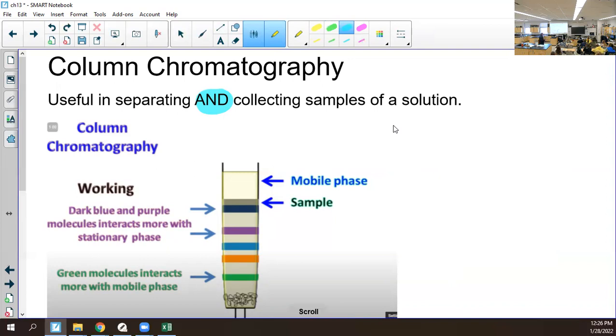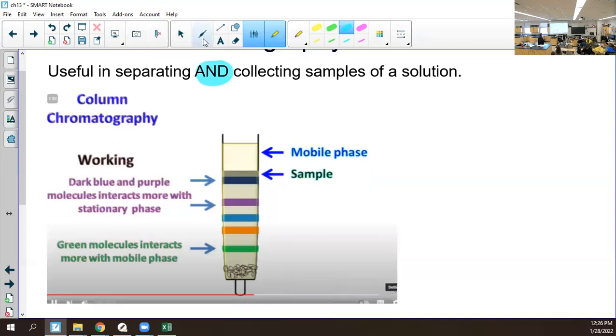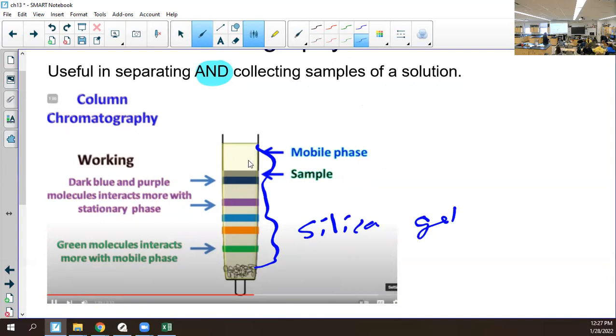Okay, so it's sort of complicated, but not that bad. You have a mobile phase, which is the stuff that'll go through. It's just a solvent. Then you typically have this silica gel that the sample will go through due to gravity. Depending on its intermolecular forces and attractions, the things that are more attracted to your mobile phase, the solvent, will travel through faster, and the things that are least attracted travel through slowest.